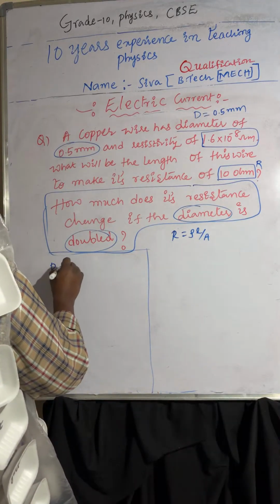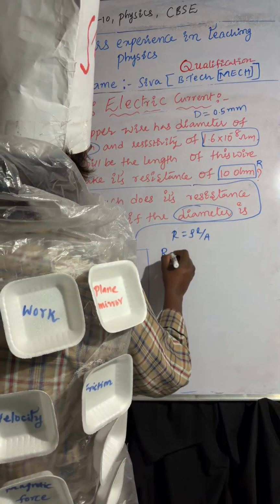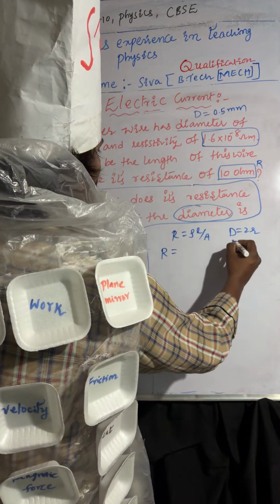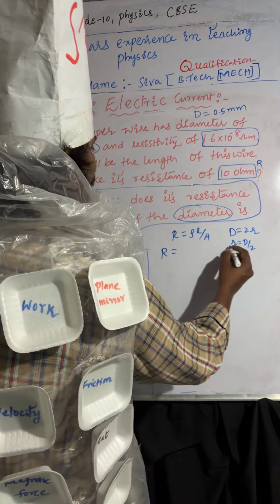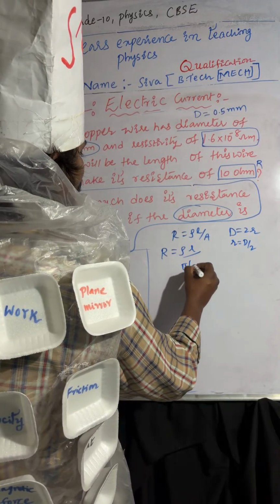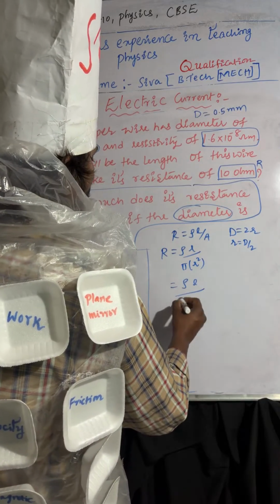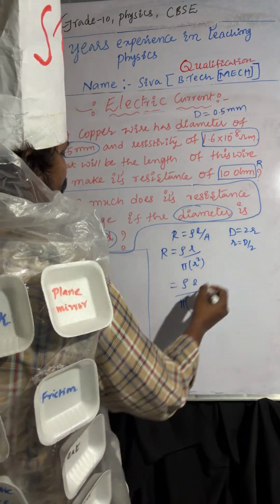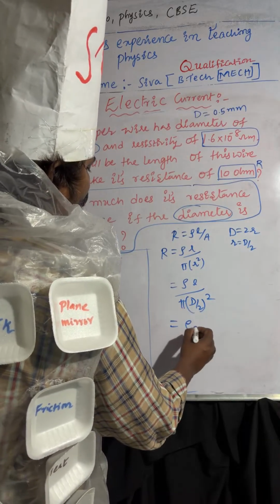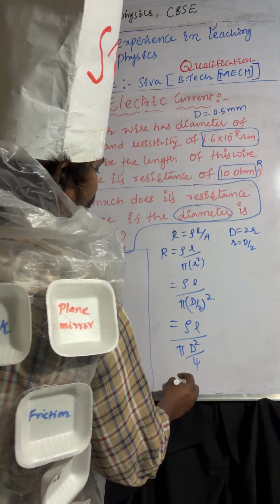So R is inversely proportional. Here the diameter is doubled in the sense R equal to, normally D equal to 2R, R equal to D by 2. So substitute in that: rho into L by pi R square, in the sense rho into L by pi into D by 2 whole square. Then rho into L by pi D square by 4, which becomes 4 rho L by pi D square.